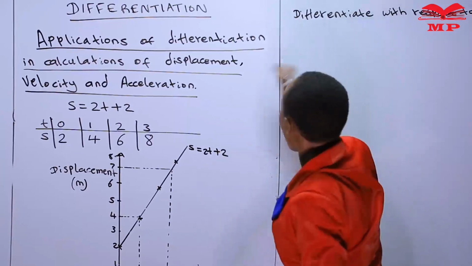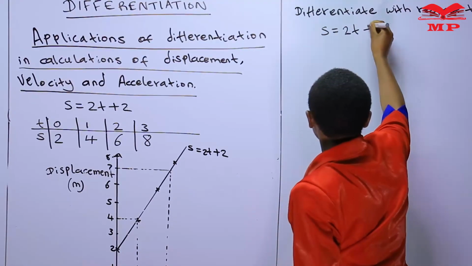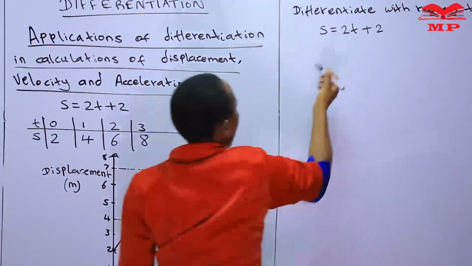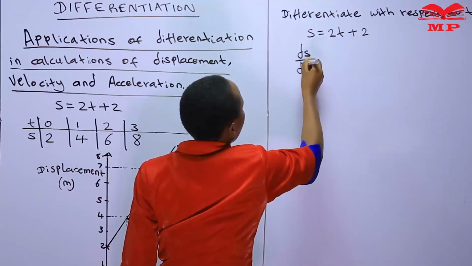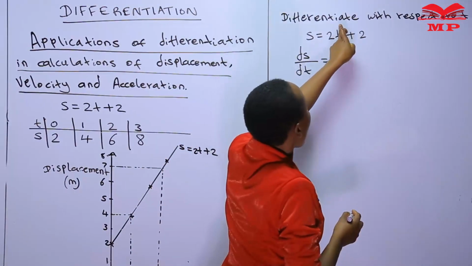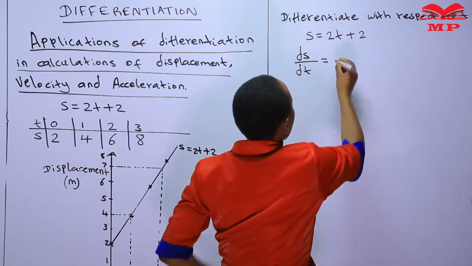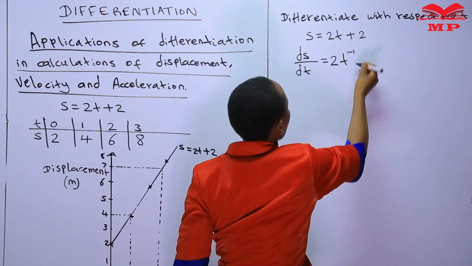So in this case, we have our equation S equals 2t plus 2. When we differentiate this, we are going to get ds over dt, which will be equal to: we have t raised to power 1, so we have 1 times 2, that is 2. And then we have t raised to power 1 minus 1.